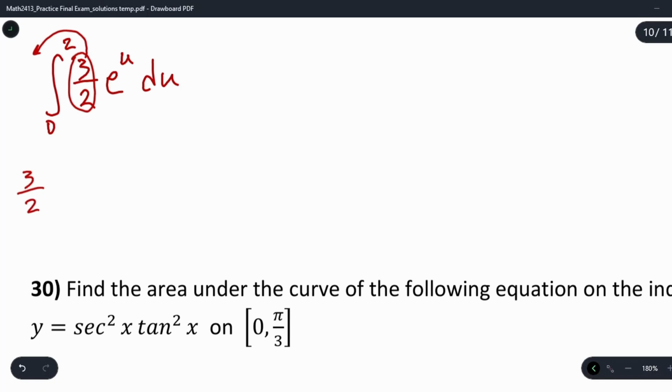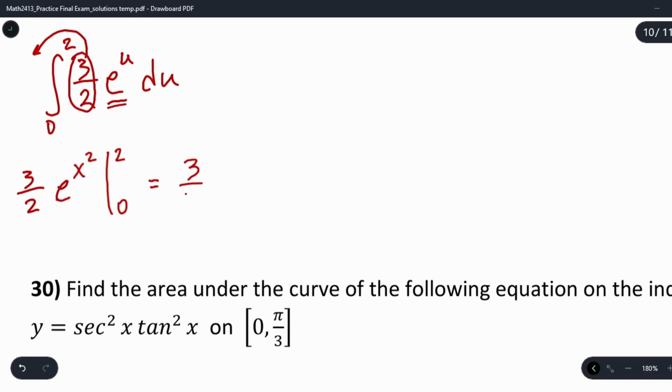Next, simplifying this integral, I'm going to pull out the 3/2. I'm going to take the antiderivative of e to the u, which is e to the u, and then I'm immediately going to replace u with what it's equal to. Remember, we let u be x squared. So that's going to be 3/2 e to the x squared evaluated from 0 to 2.